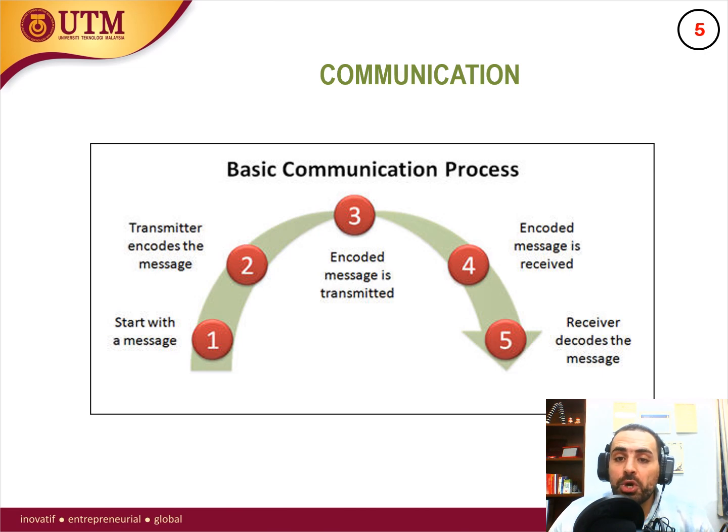And then the encoded message is received by the receiver, and then the receiver decodes the message, which means the receiver is able to understand the meaning of our message by giving his or her feedback. So these are the main elements for any communication process to happen, to occur, right?